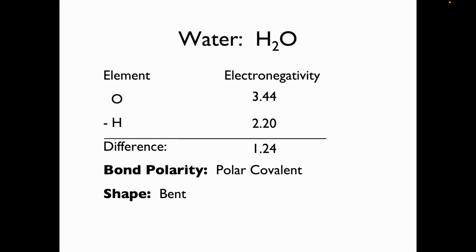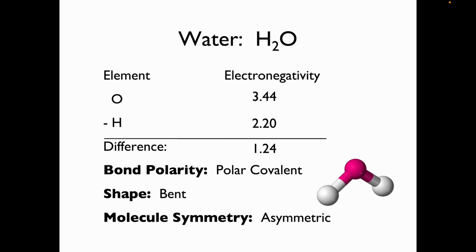Now, if we look at the shape of the molecule, so if you were to look at your VSEPR chart, you'd be able to determine that water is, in fact, a bent molecule, right? It's got this shape. Now, the bent molecule is not symmetric, okay? We don't have bonds evenly distributed in all directions.